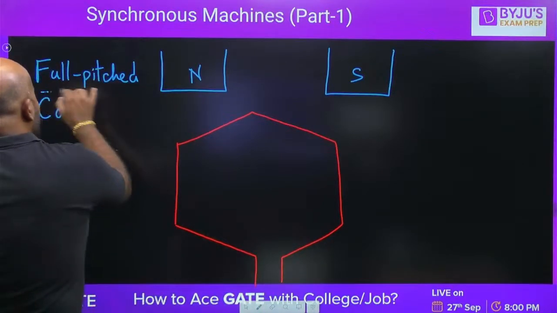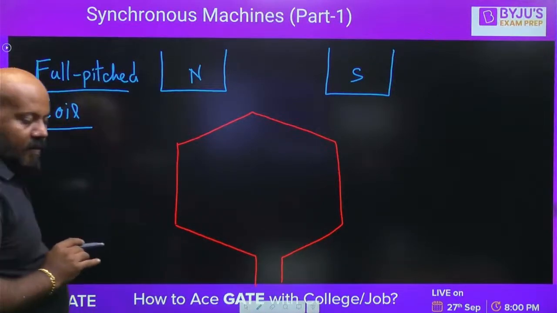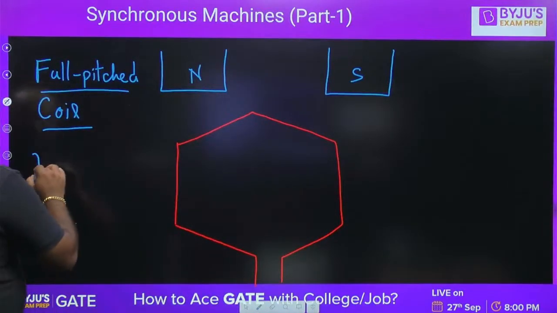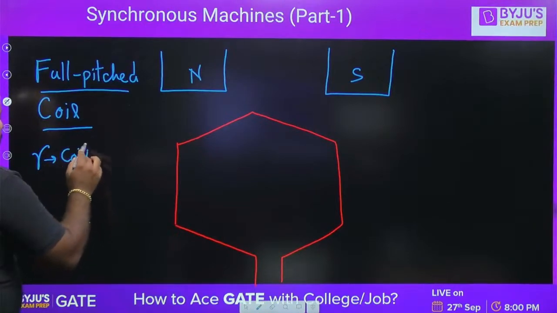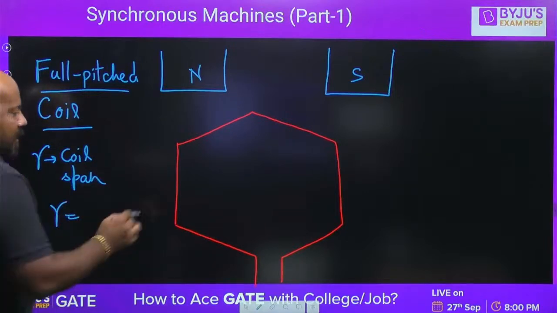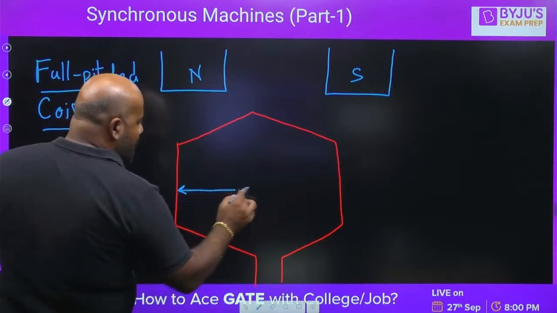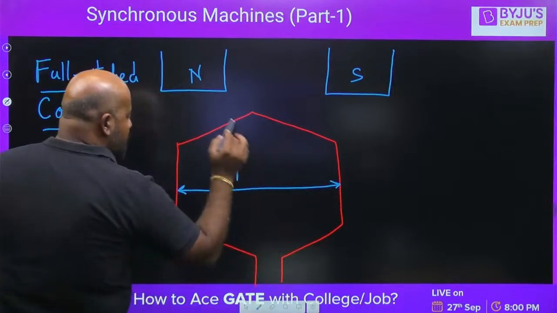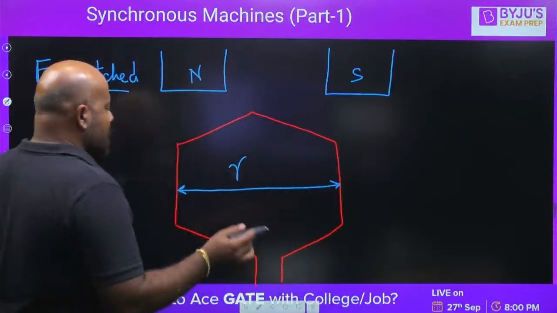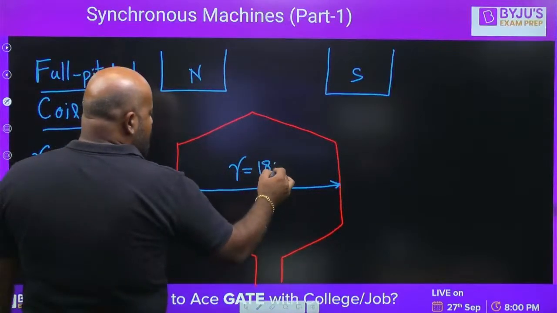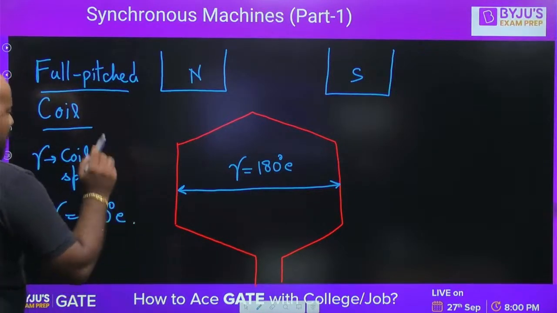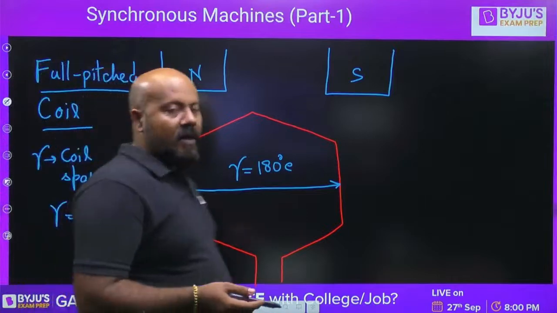When we say it is a full pitched coil, it means what? We are defining the coil span by, suppose, gamma. Gamma is the coil span, top coil and bottom coil. This total gap, gamma, is equal to the pole pitch. You know what is a pole pitch? That is 180 degree electrical. Such a coil we are calling as a full pitched coil.